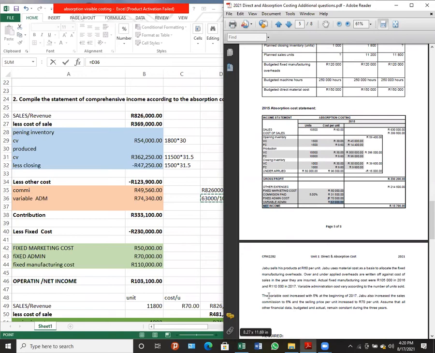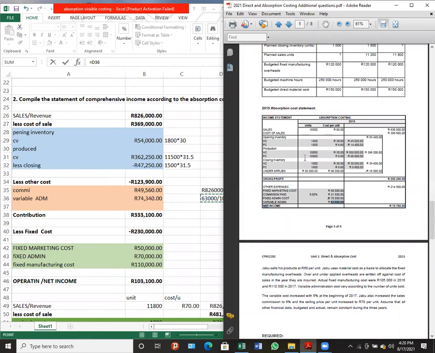Let's read from the information. The variable admin cost varies according to the number of units produced, which means the variable admin varies according to the units produced.